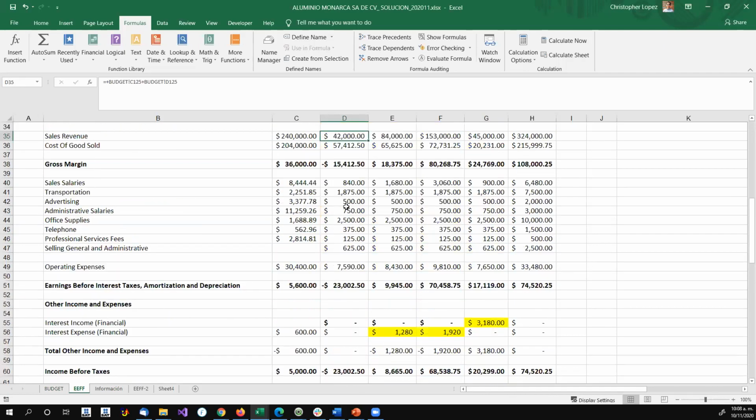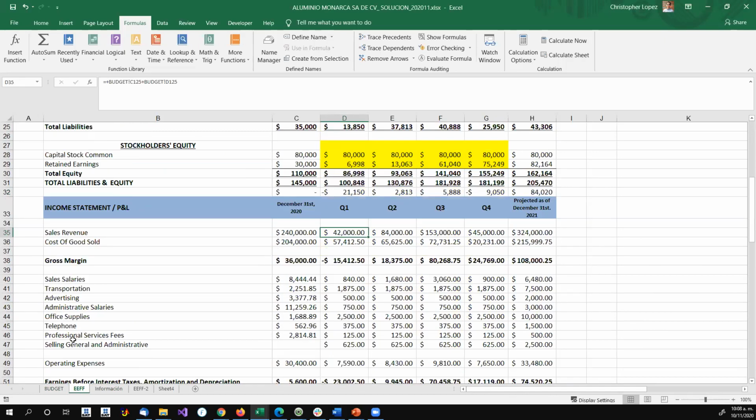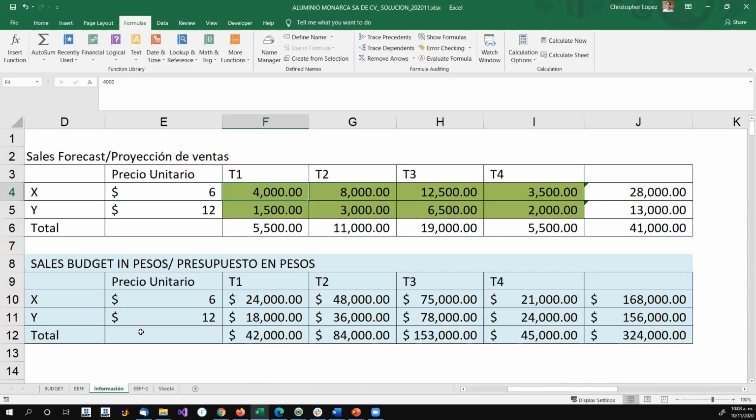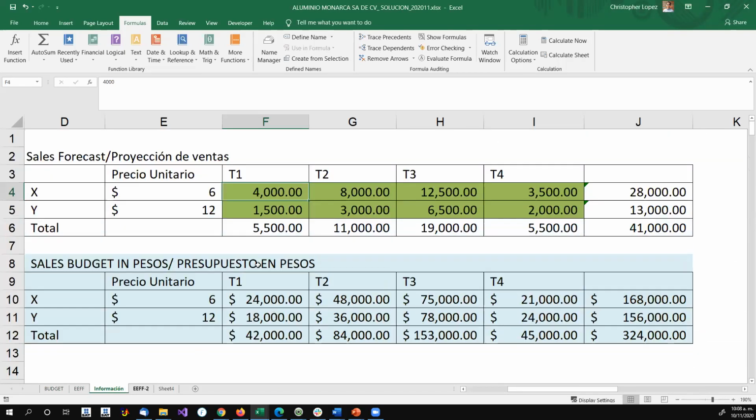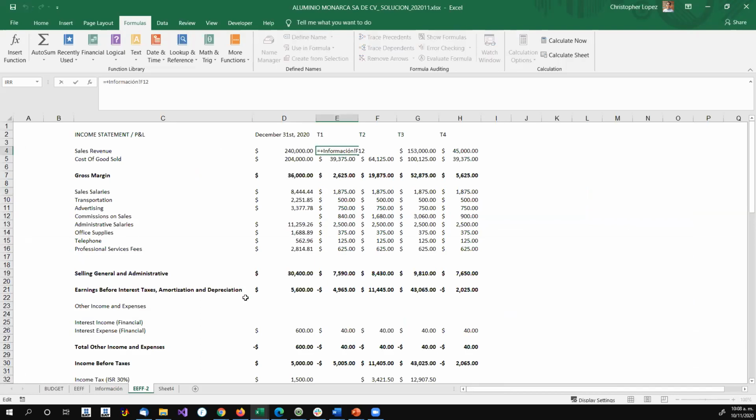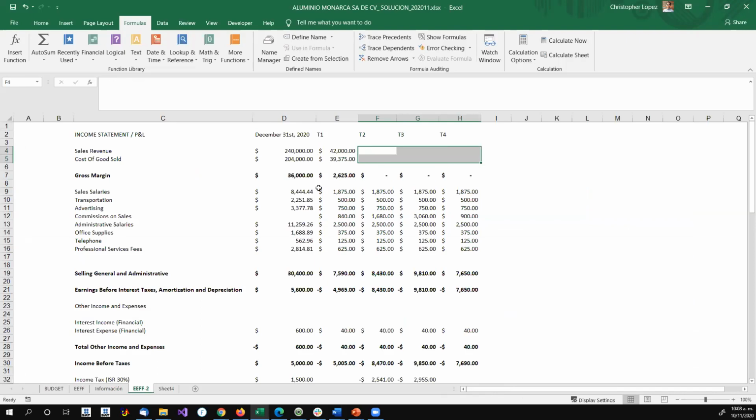Working on the financial statements was actually quite hard. Then I redid the case and I did all my tables horizontally. And now it's easier for me to build this because all I need to do is direct it to the first one and then just drag the information to the right and it's done. I finished my income statement.